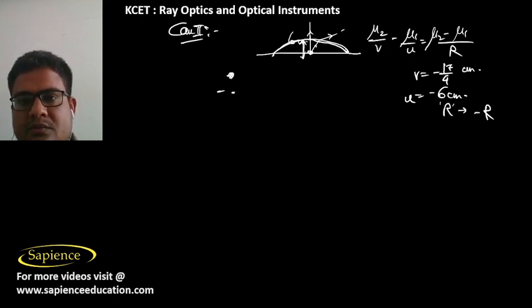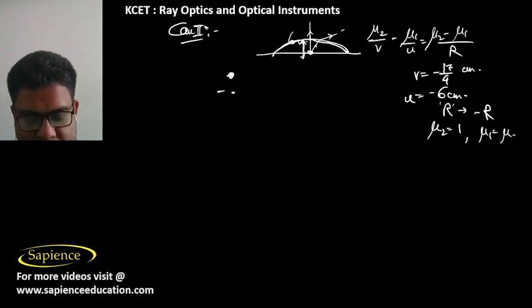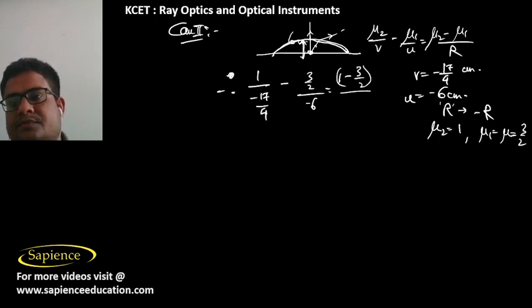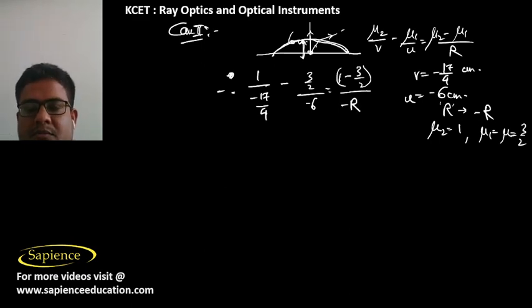Therefore mu1 is the lens, that is mu, 3 by 2. This is 1 by minus 17 by 4 minus 3 by 2 divided by minus 6, that will be equal to 1 minus 3 by 2 divided by minus r.